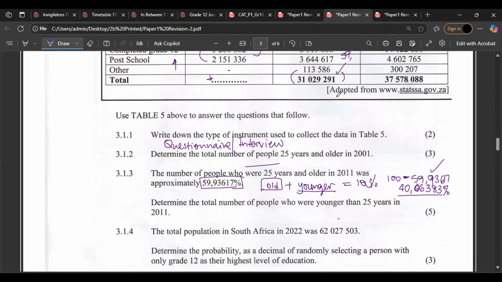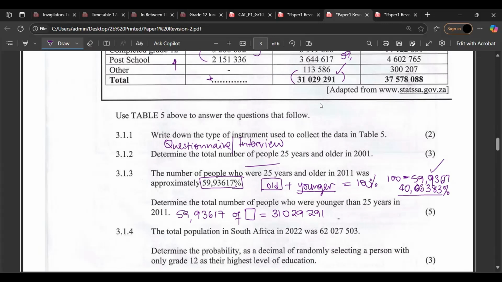So we need to find the original amount of people. So we shall say 59.9361% of the population, which is the unknown, should give us the answer as this. You see that?